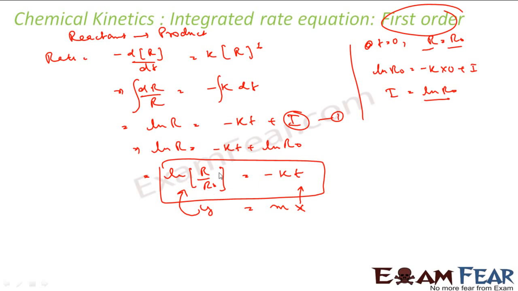Or the same equation, if I want, I can also write R is equal to R naught e to the power minus kt. Same equation. Removing ln from both sides, this becomes e to the power minus kt. R by R naught is equal to e to the power minus kt. So R is equal to R naught e to the power minus kt.